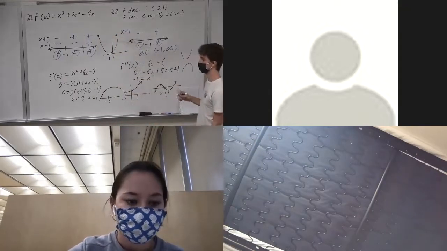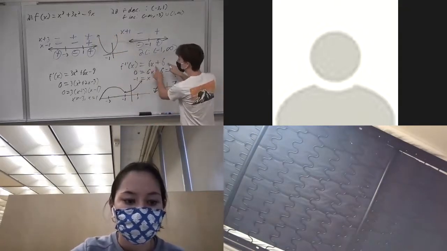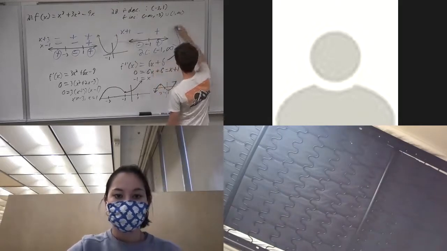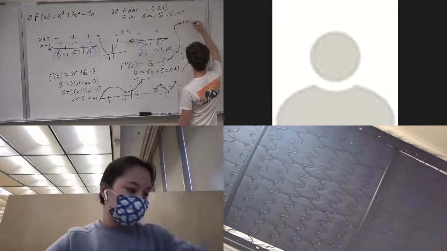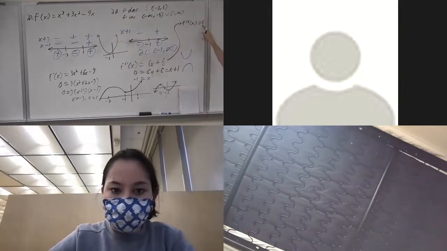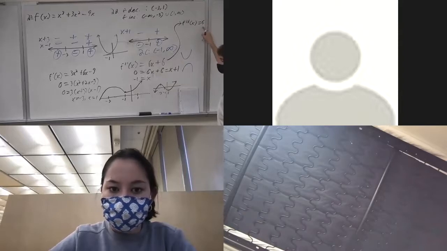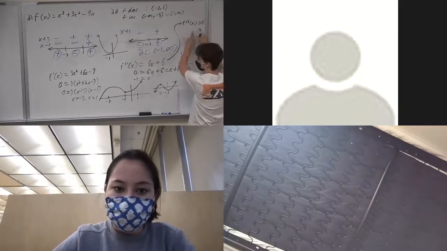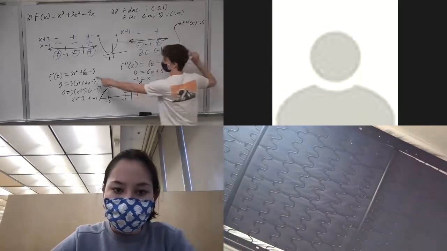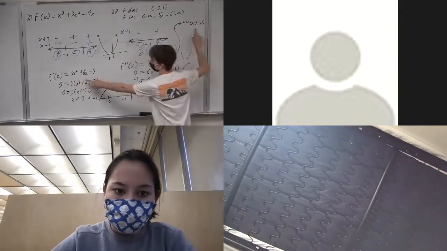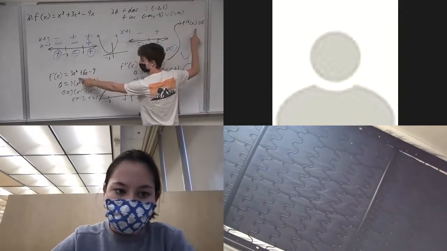Does that make sense? And if you took the derivative of this again, you could then tell that it's just 6, right? And that's always positive. And that's the second derivative of the original, which is the derivative of the first derivative, which tells us the concavity of the first one, right?